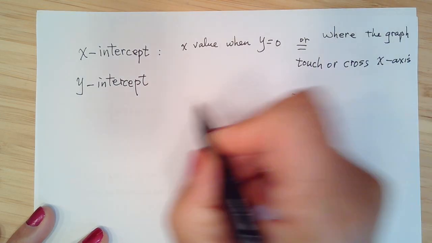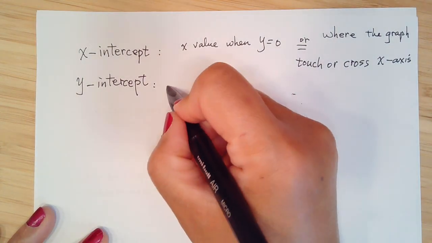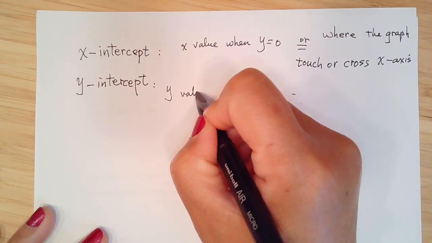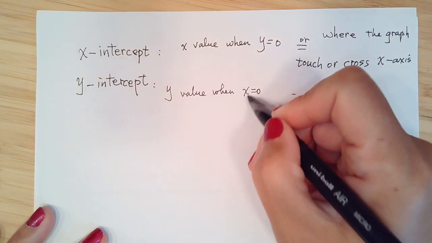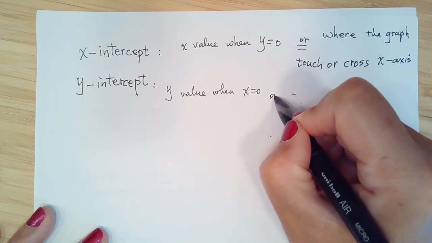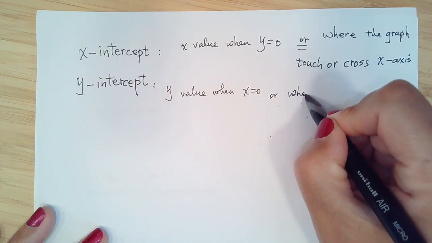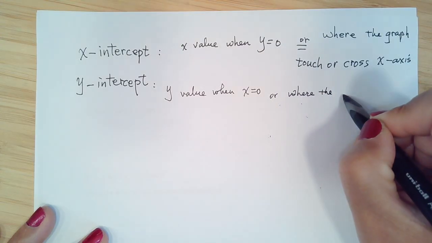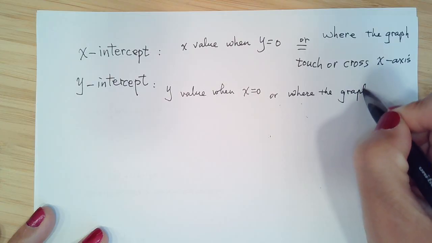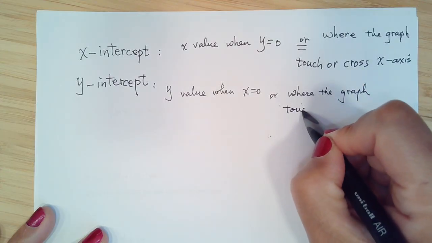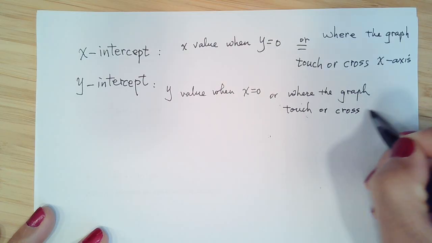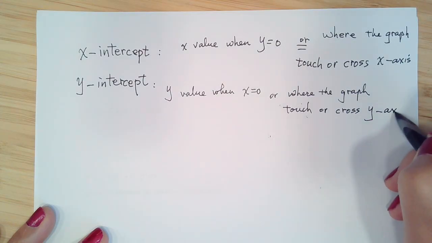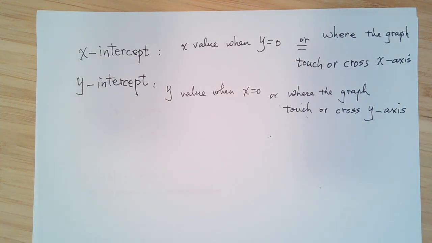Of course, the y-intercept will be the y value when x equals 0. Remember, x equals 0 is the y-axis. So we can say it is where the graph could touch or could cross the y-axis.